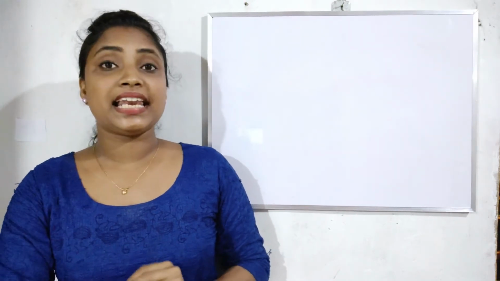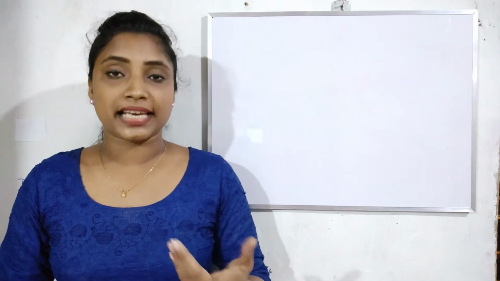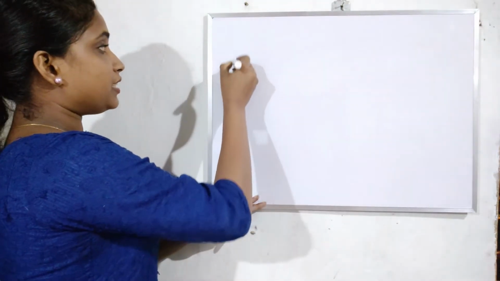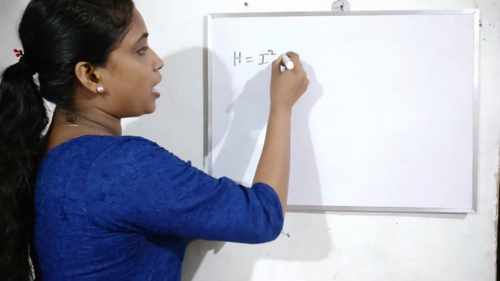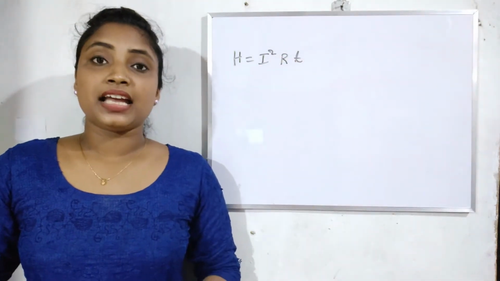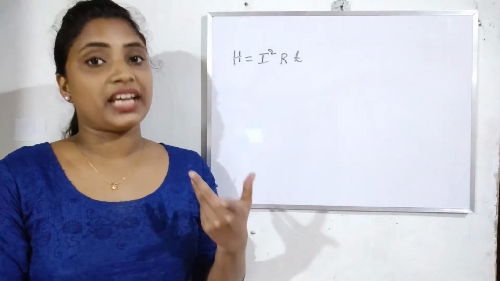We know that, according to Joule's law, the electric energy or the heat energy produced in an electric device can be written as H is equal to I square into R into T. We already said that power is the rate of consumption of energy.